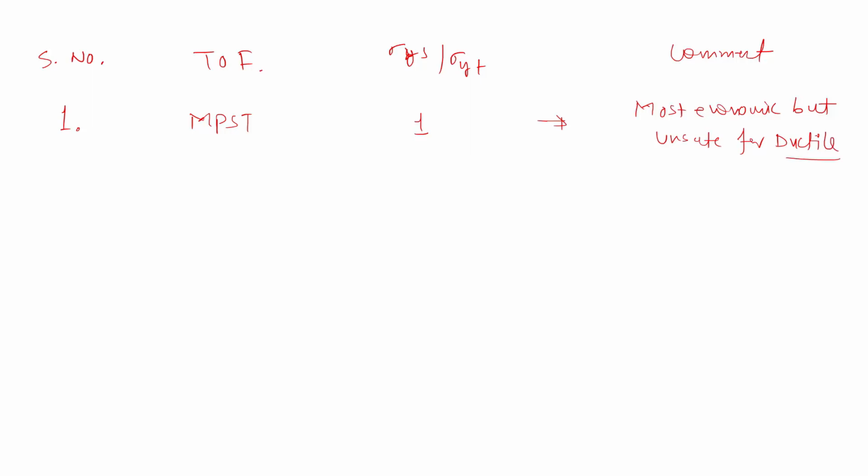As we discussed, this theory is used for brittle material. Second is MSST. According to this the ratio is 0.5, and we can say that this is oversafe and uneconomic.